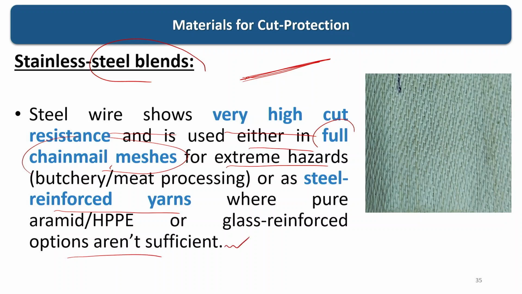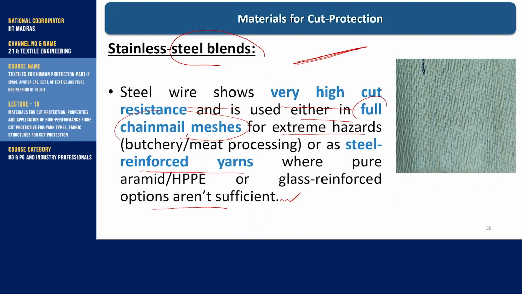So, para-aramid or ultra high molecular polyethylene can be used for cut protection, but where the cut threats are very frequent and very high, these fibers alone will not be sufficient, and we can have a product with this combination of stainless steel along with these fibers.